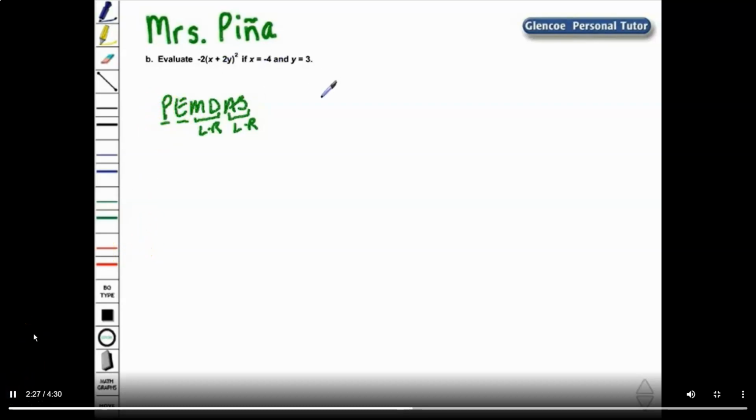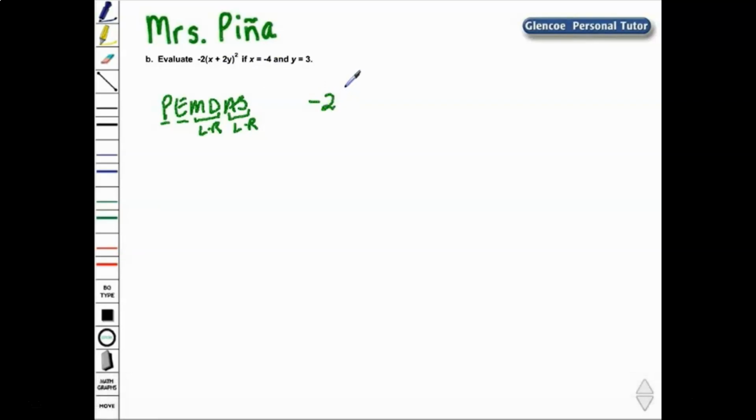First, recopy your expression, -2 times the quantity x plus 2y, and that quantity is squared.